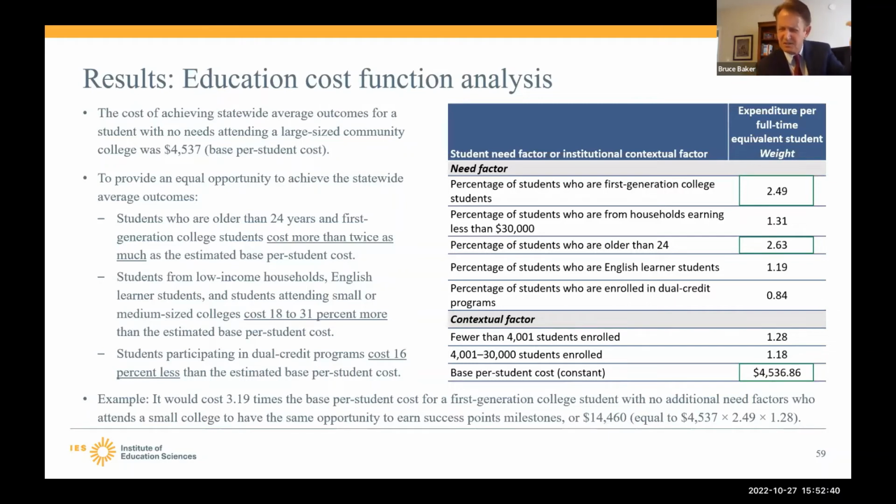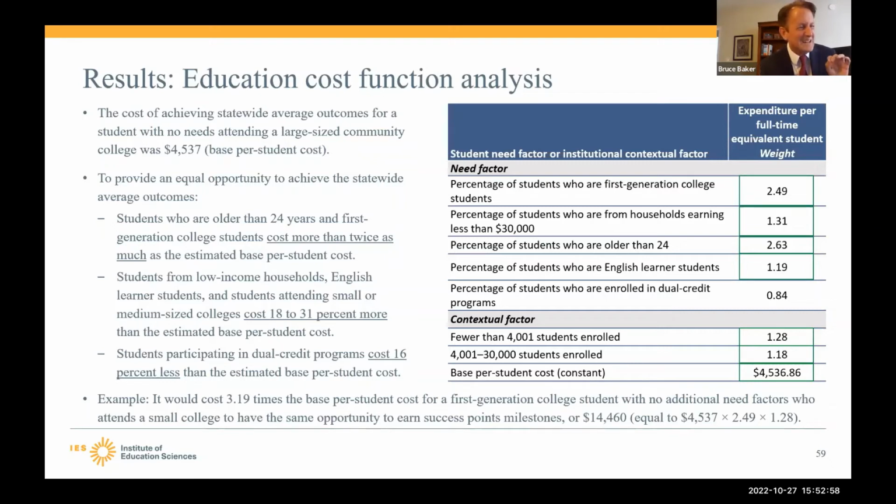So this is what brings us more toward the average that's currently spent and the differences in need. Students participating in dual credit: when you have more students in dual credit, the costs are lower, in part because those costs have just been pushed on to other institutions in some ways. The example at the bottom, I think, is useful.